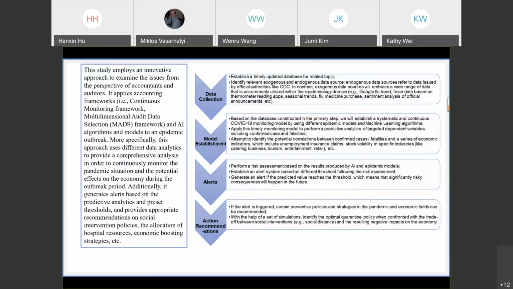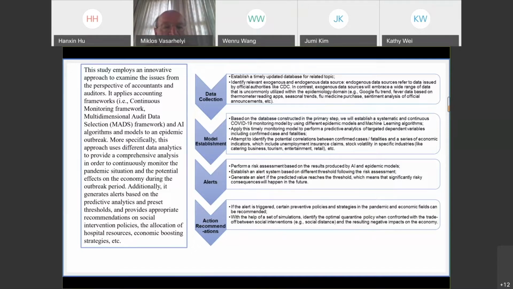Another part of data is exogenous data. We are considering include data such like the Google Flu Trends database and seasonal trends, thermometer reading apps. We hope with the combination of this exogenous data, our predictive model can be more accurate.